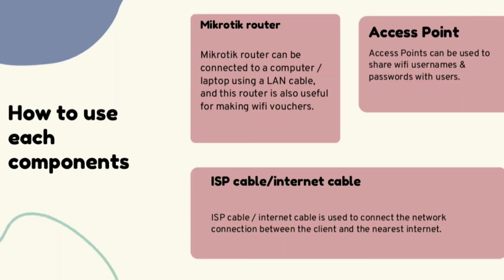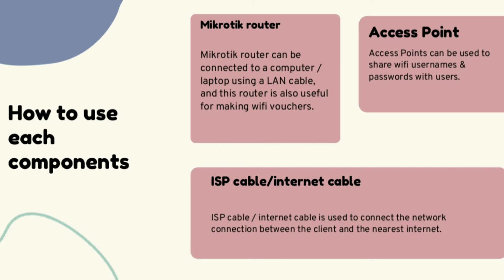Okay, the next step is a slide about how to use each component. Mikrotik router. The Mikrotik router can be connected to a computer or laptop using a LAN cable, and this router is also useful for making Wi-Fi vouchers. Access point.